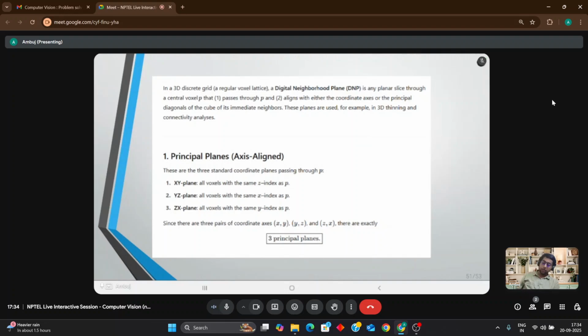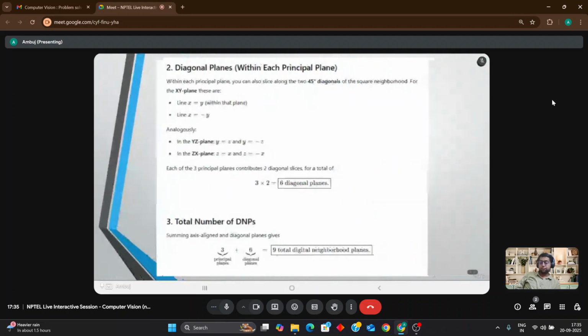Here we take the three standard coordinate planes passing through P: the XY plane, YZ plane, and ZX plane. So there are three pairs of coordinate axes, XY, YZ, and ZX. These are exactly three principal planes.